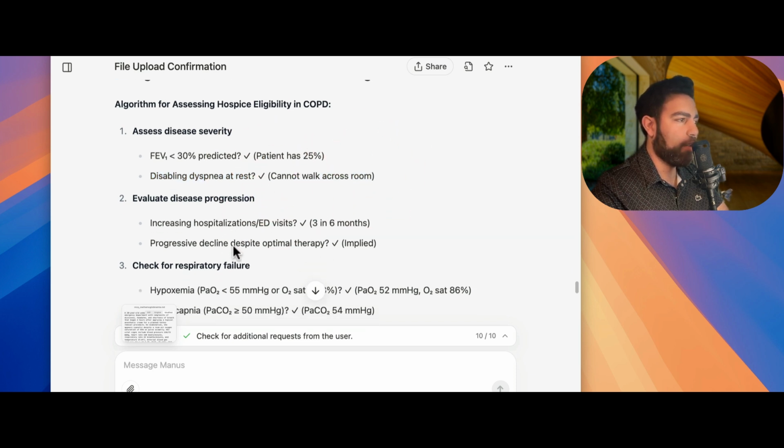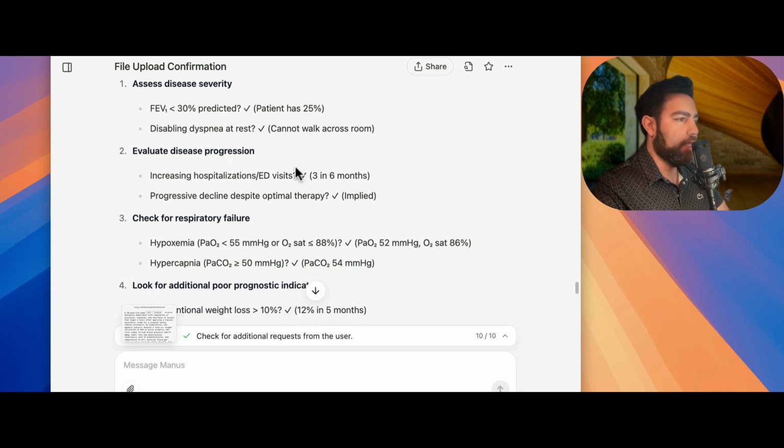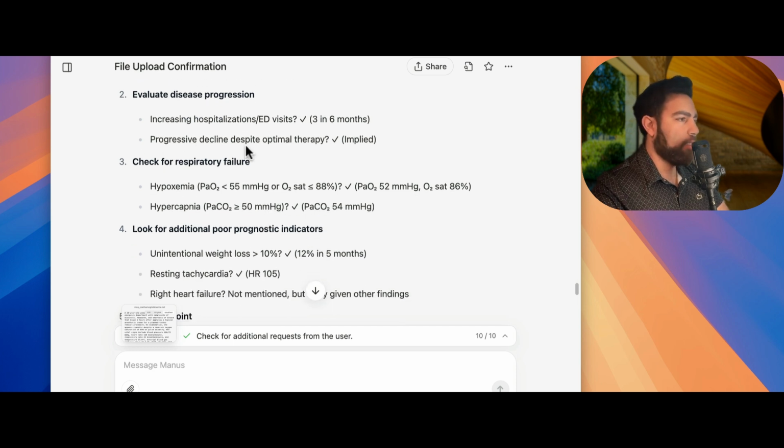What can they do? What are the ADLs? Evaluate for disease progression. Is she getting worse? Are there more hospitalizations this year, despite all this optimal therapy that they're on? Then check for respiratory failure. What is the PaO2? Is it less than 55 with the O2 sat of less than 88%?